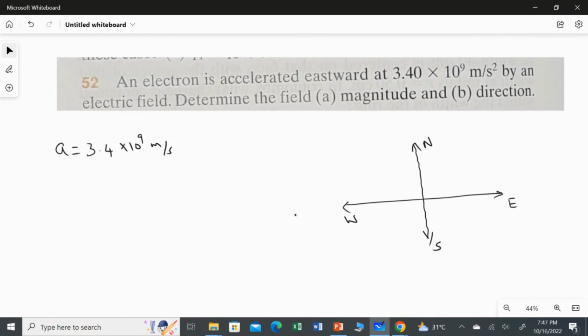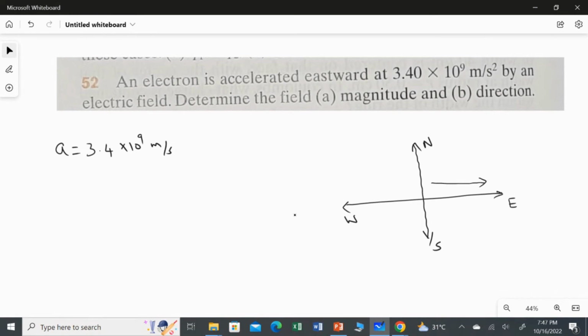Here we have to find two answers: the magnitude of the field as well as the direction. If you look at the direction, when you place an electron in an electrical field, what will happen? The electron will move in the opposite direction of the field. So which direction is the electrical field? We have the electrical field in the direction of the east.